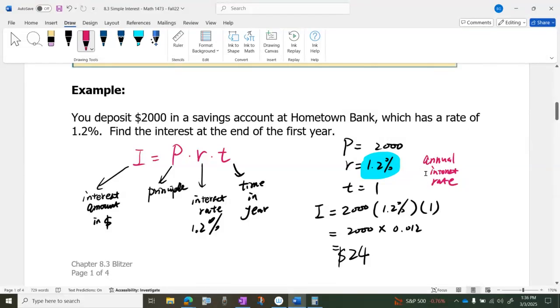And for every $1,000 you deposit, you would have $12, right? Just amplify by 10. And now you have 2,000, of course, $24. Doesn't that make perfect sense?